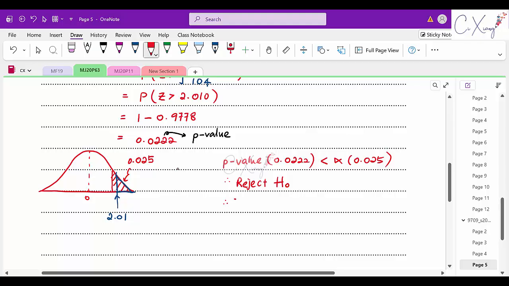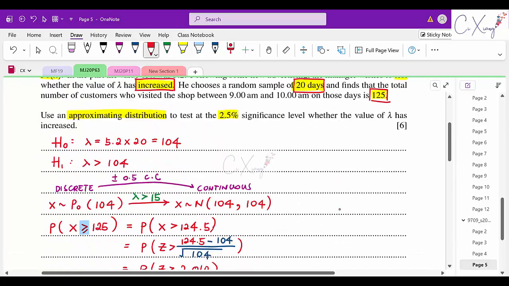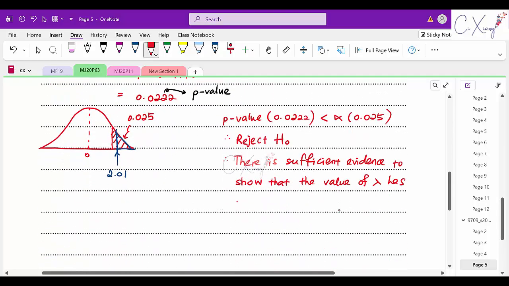So you can write out the statement like this: there is sufficient evidence to show that the value of lambda has decreased. Has decreased? I think they are saying increase, right? Yeah, sorry for that. So it should be increased.